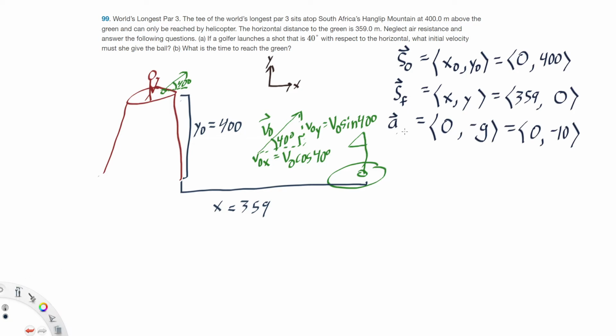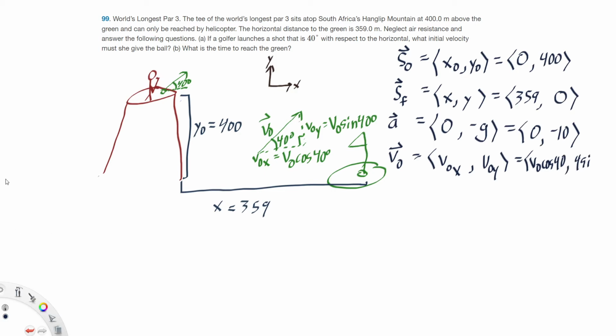All right. So when we go to write down our initial velocity, it'll be some amount in the x direction, some amount in the y direction, and that'll be V naught cosine 40 and V naught sine 40.